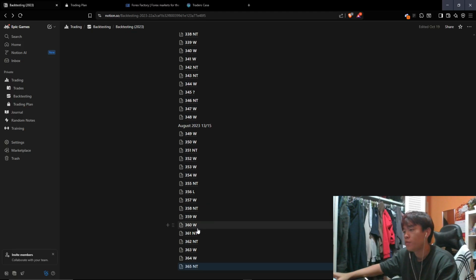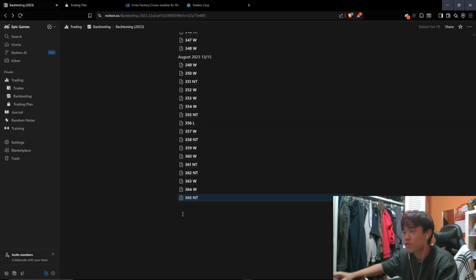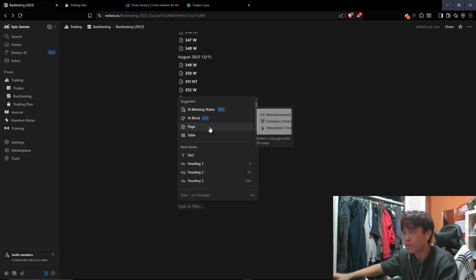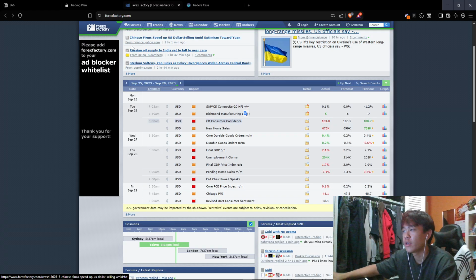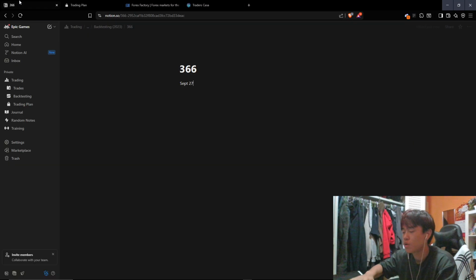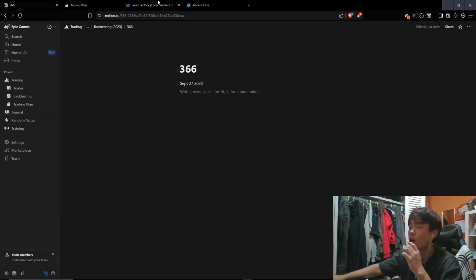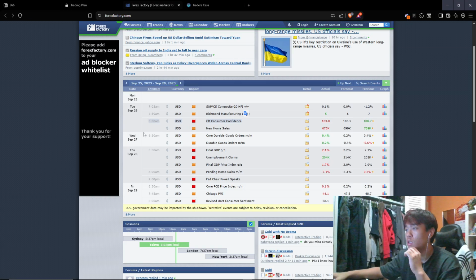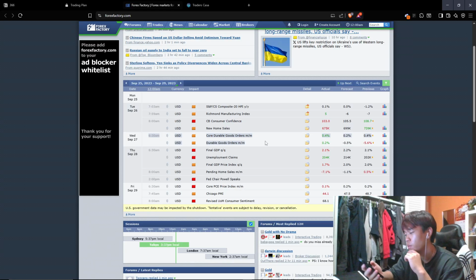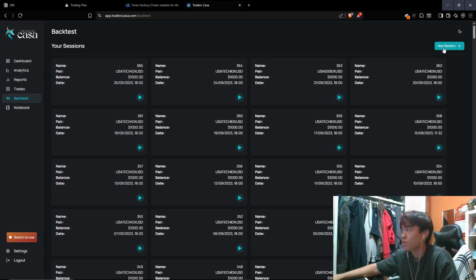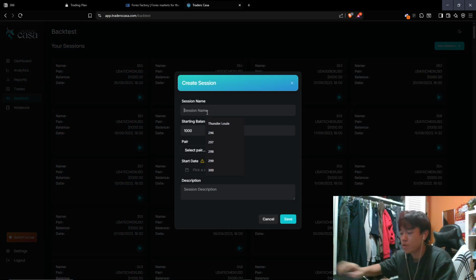Okay, but you can see these few weeks of backtesting, I've just been green as fuck. So I'm not even too worried about forcing a trade right here, but I do want to give you guys an example of a good trade that I would take. It would be a better day for me to take because there's no red folder news, so there's nothing that's gonna disrupt price action.